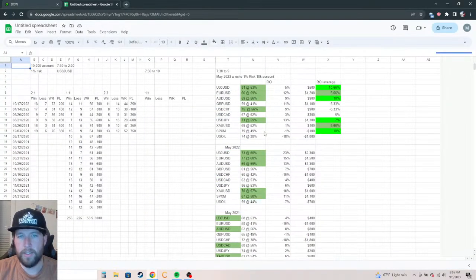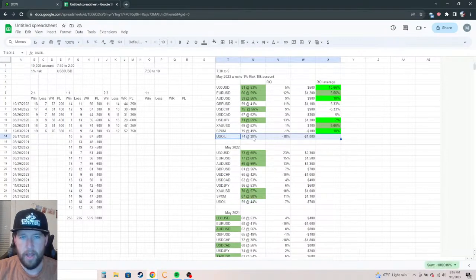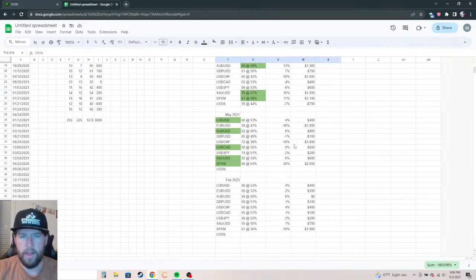Now, here's what's interesting with oil with the past 3 months that we've backtested. So the first month only won 38% of the time, which was an 18% loss P&L or ROI, negative 18% for that month, and then negative 7% for the other month. We weren't able to backtest May of 21 because the data was weird, but whatever.